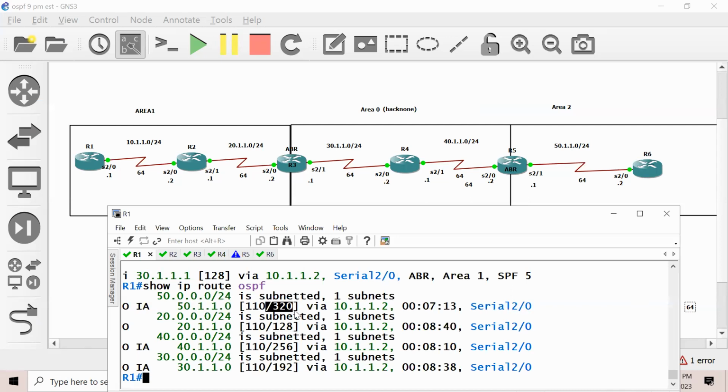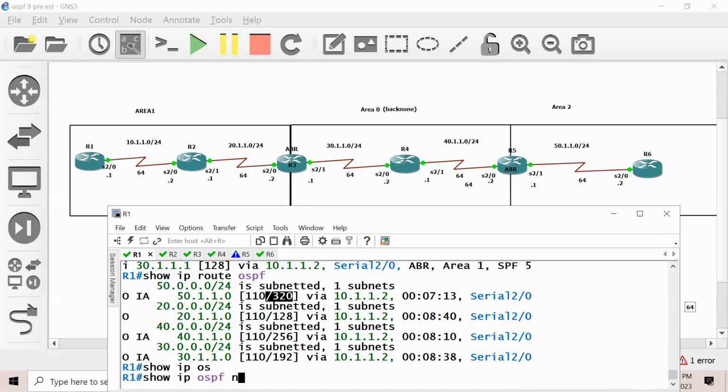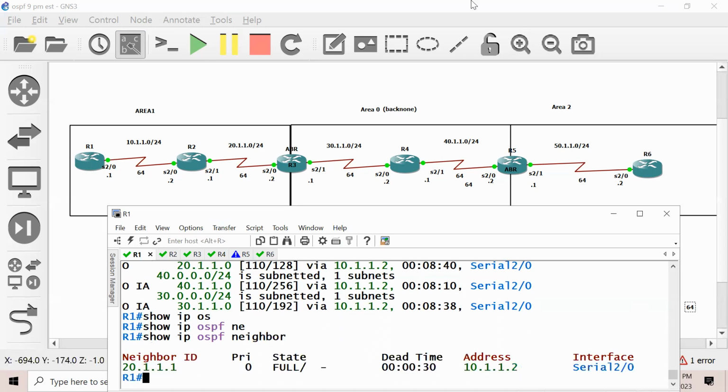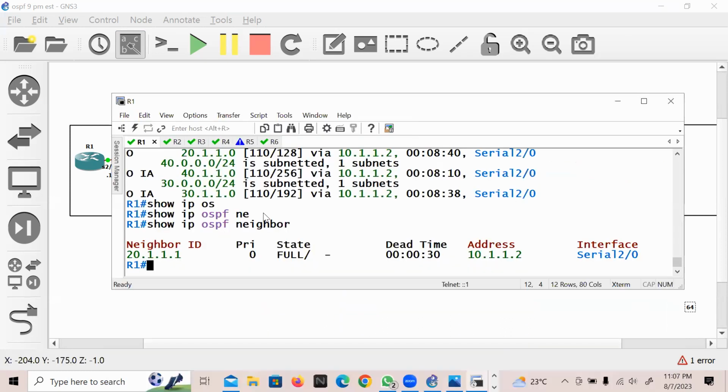You will get your distance. But also, besides show ip route ospf, there is one more command, show ip ospf neighbor. This will tell you your neighbor address.